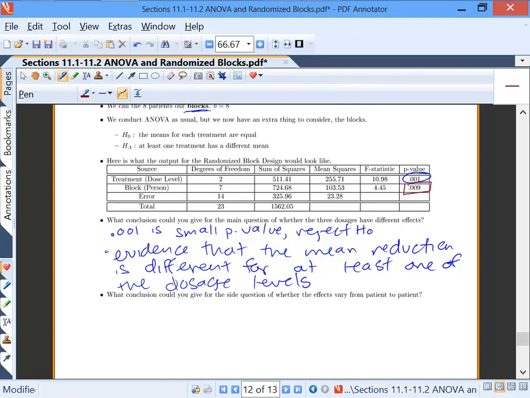It has a p-value of 0.009, and we reject the null hypothesis. There were two different null hypotheses: one for the levels of the dosages, and one for patient to patient.